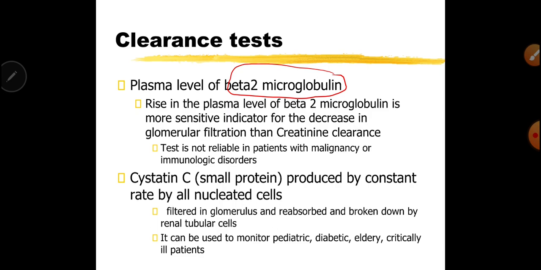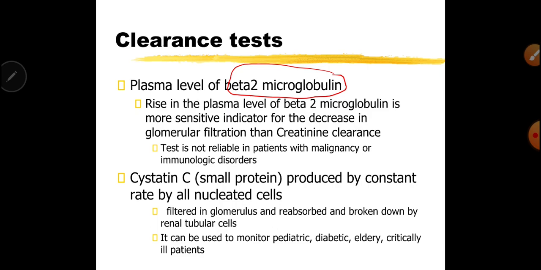Beta 2 microglobulin is found on the cells and produced at a constant rate in the blood, and should be filtered and excreted in the urine. Any change in the kidney function will increase the level of beta 2 microglobulin as a solute found in the blood, and the elevation of beta 2 microglobulin can be related to the clearance test.